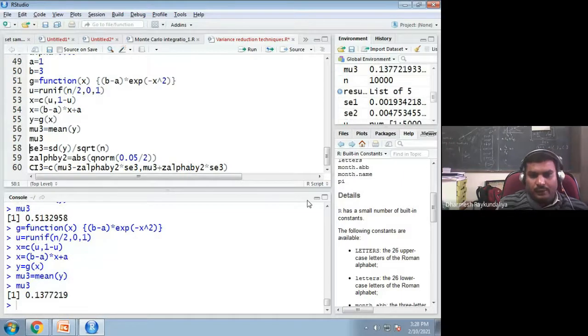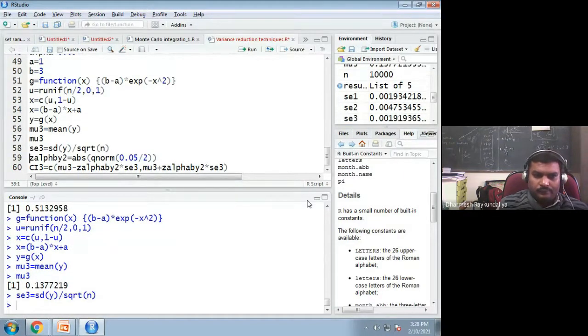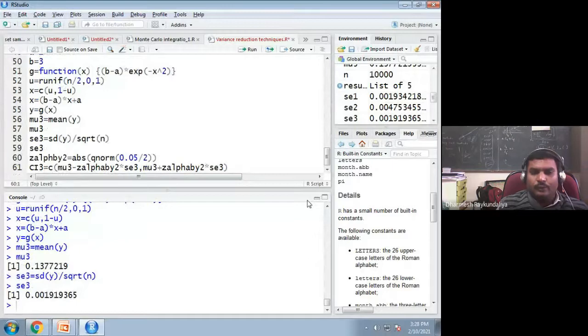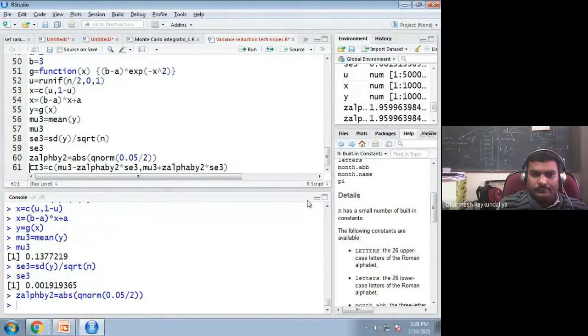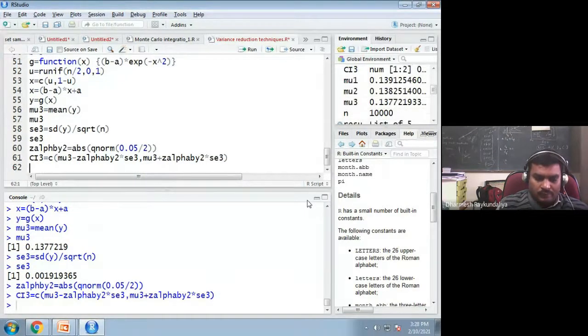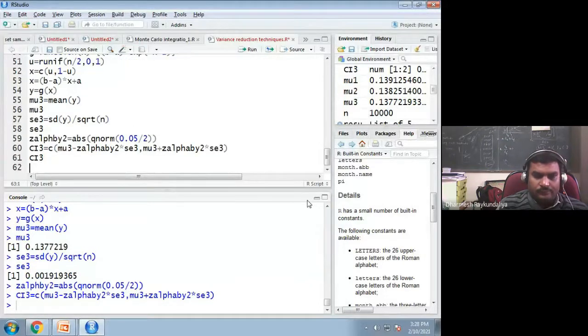Now it is correct. Now what is the standard error? SE3, it is 0.009. And this is the confidence interval. So SE3.